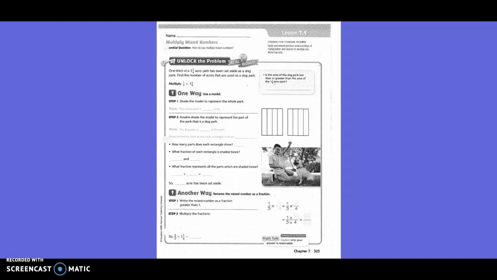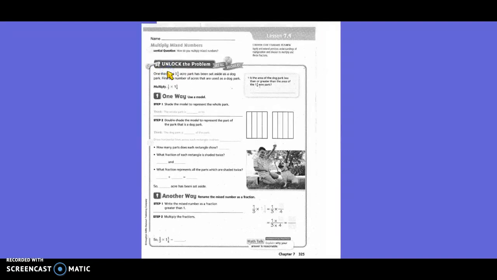So first of all, they're asking us, is the area of the dog park less than or greater than the area of the 1 1/4 acre park? Like we've already learned, when we talk about equal to, greater than, or less than, what are they comparing? They're doing the 1 1/4. So what are we actually looking at?